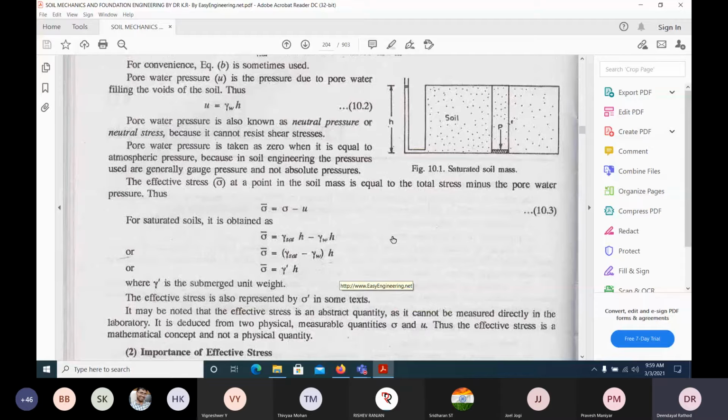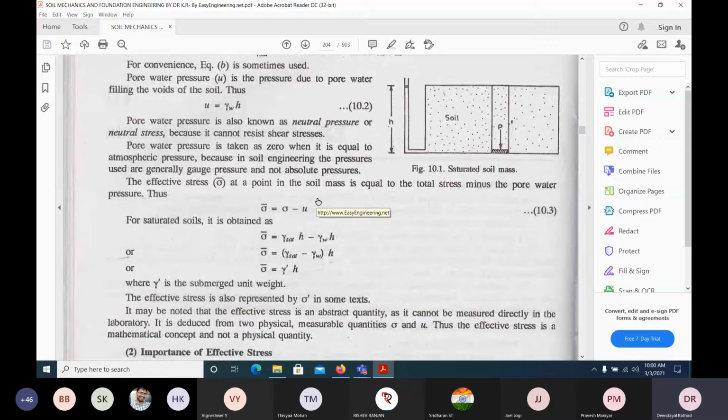So what did you understand from this? If the soil is fully saturated, there is no need to do all the calculation. Listen very carefully: if I want to find the effective stress at a particular depth H, once we know the submerged unit weight, multiply by H. Forget about gamma sat and all these things.